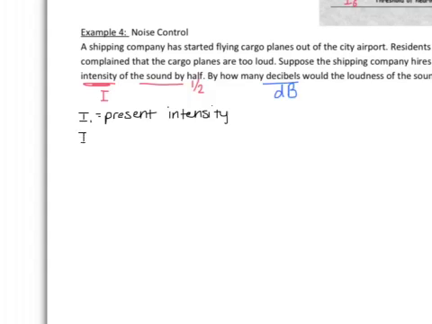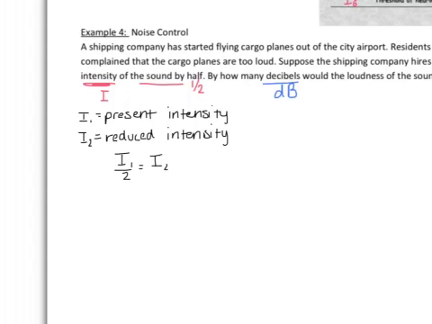So our reduced intensity we're going to call I2. When we cut that in half, I1 divided by 2 will equal I2. That's our goal. Y'all agree?